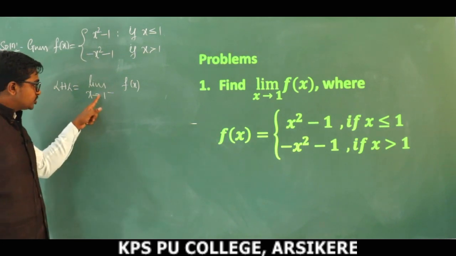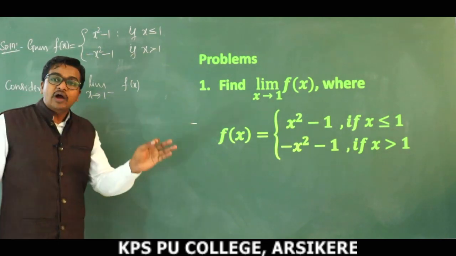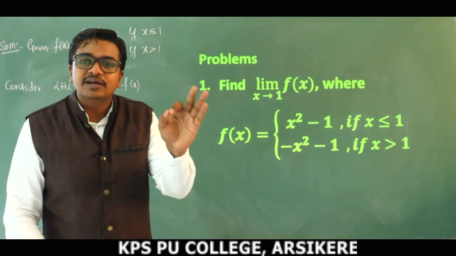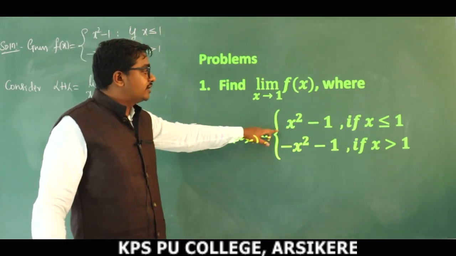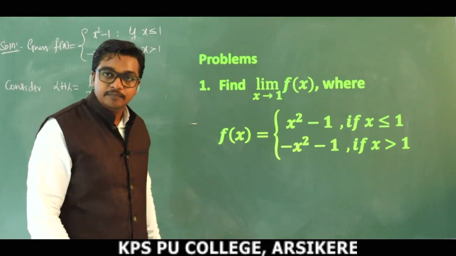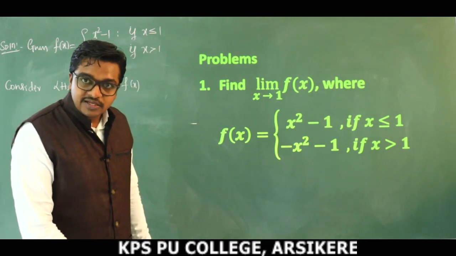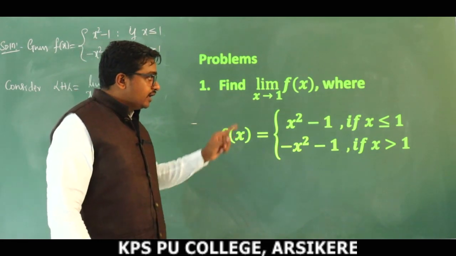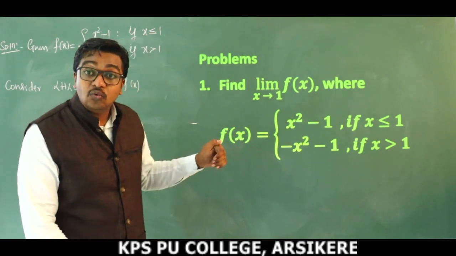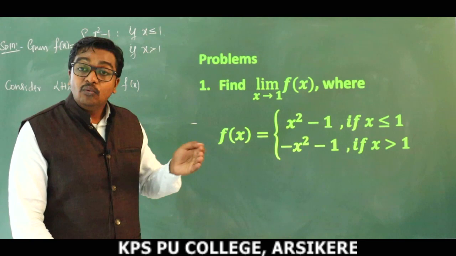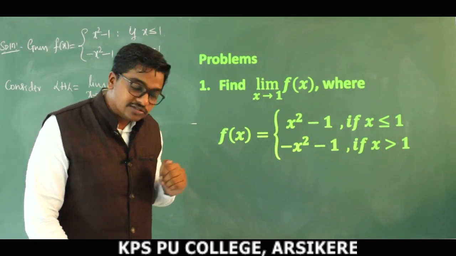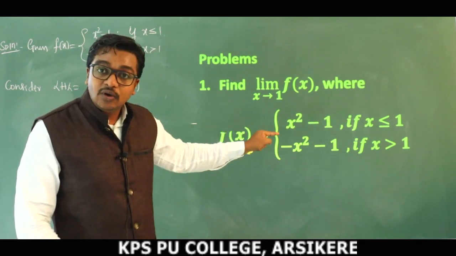When x approaches 1 minus, the value of x is a little bit less than 1. Then what does the function become? It becomes x square minus 1, if x is less than or equal to 1. When x is equal to 1 the function is x square minus 1, and when x is less than 1, in that case also the function is x square minus 1.